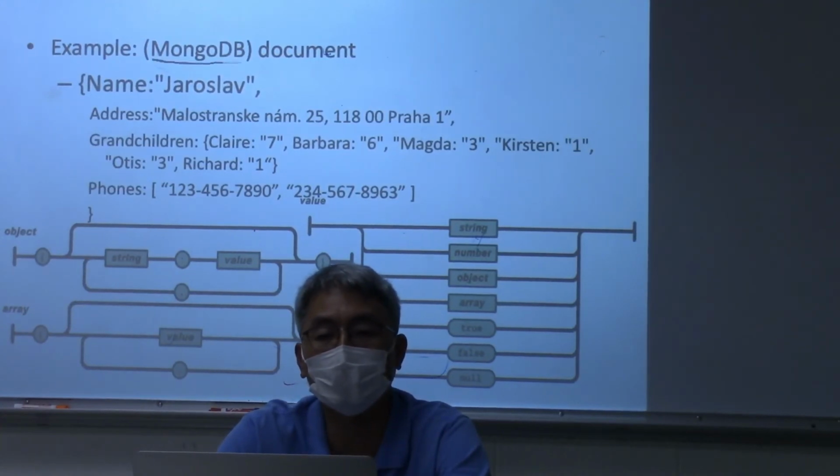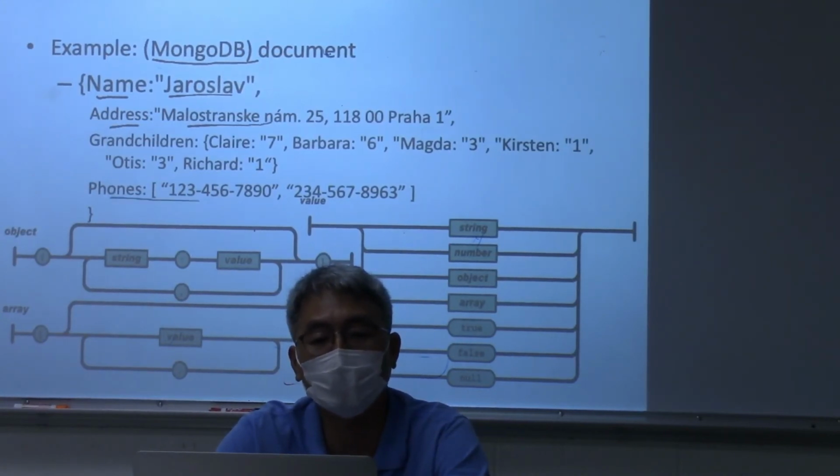This is an example of a MongoDB document. It has the name of the file, the data item, and address like that. Just like the JSON format, we can include an array inside like this.